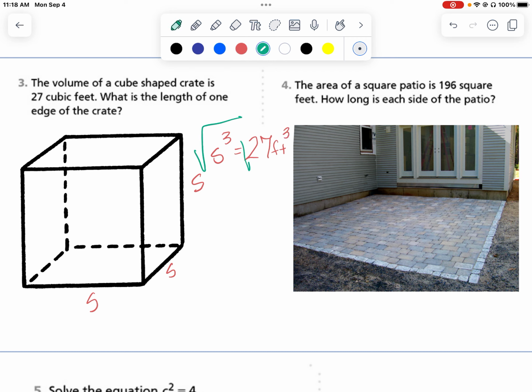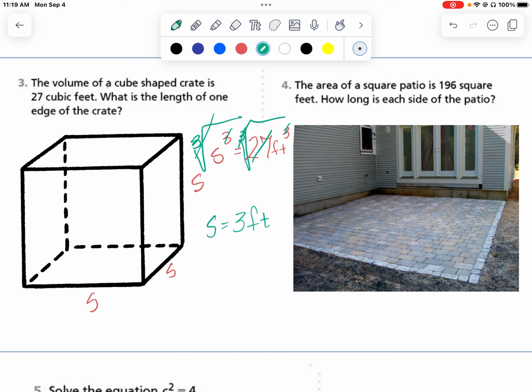To go backwards and solve for the length of one side, we're going to take the cubed root. That means these guys cancel. And the cubed root of 27 is 3.